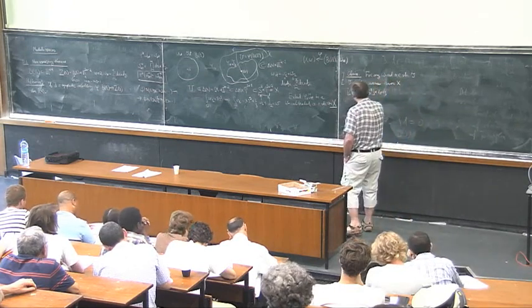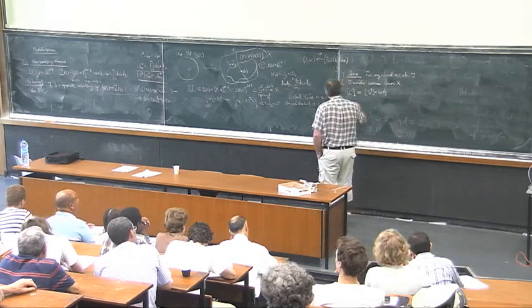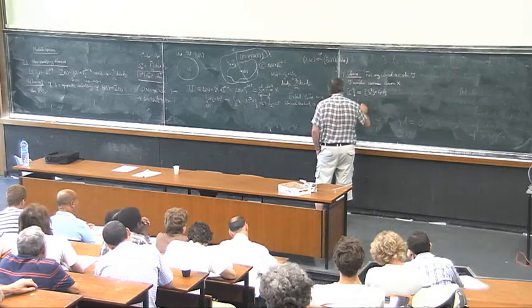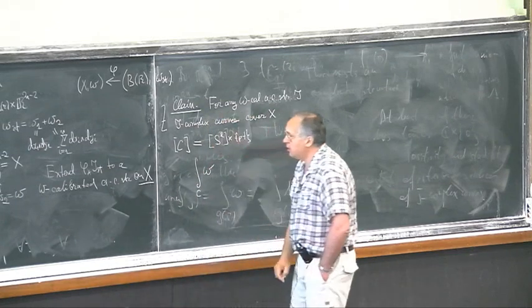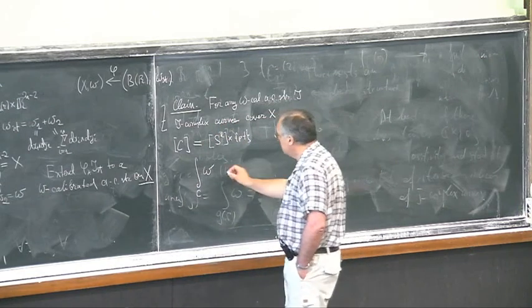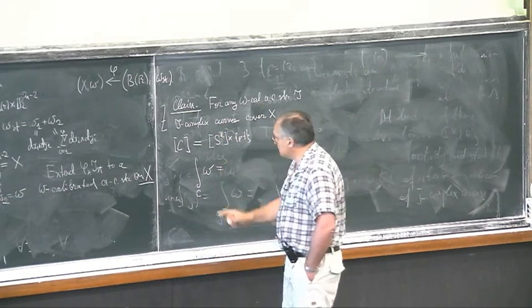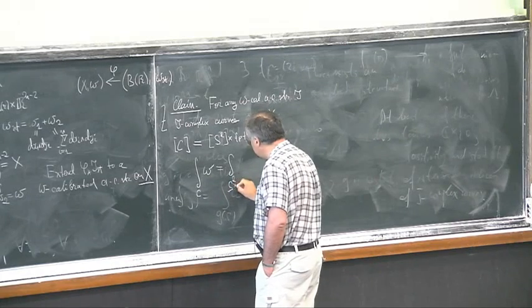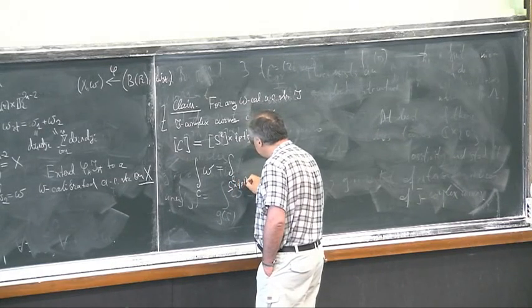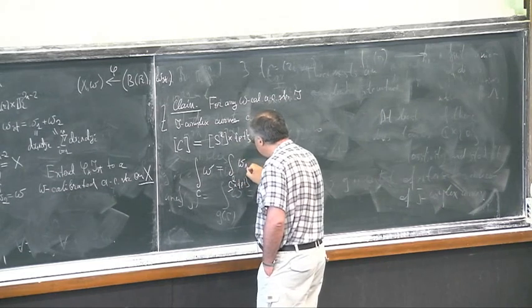So I can take it, and I can write that the integral over C of my symplectic form, by the homology reasons, is equal to the integral over sphere times point of omega.